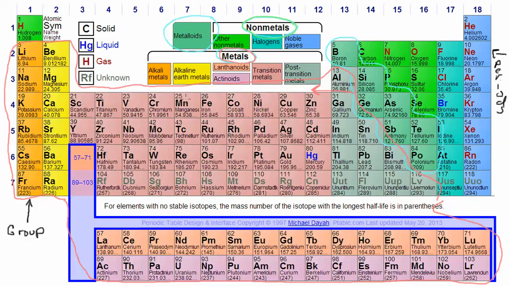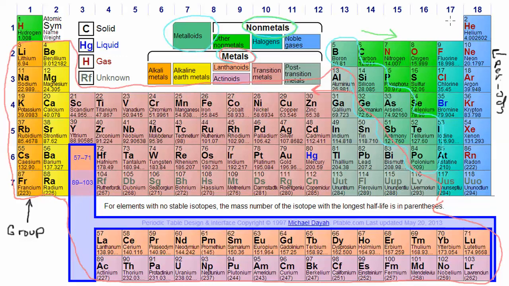So all of these elements on the left side of the periodic table, with the exception of hydrogen, are considered metals. And that means that everything to the right of the metalloids are nonmetals. That includes really common elements like carbon, nitrogen, oxygen, sulfur, and phosphorus.